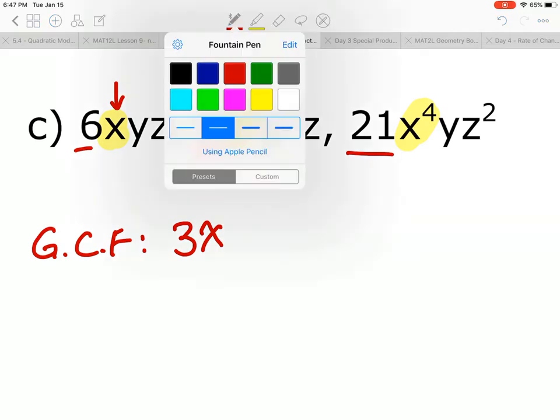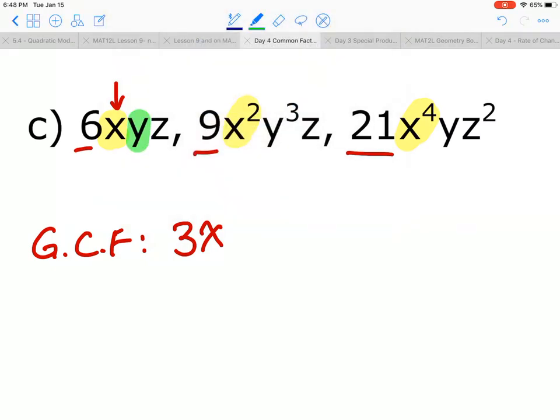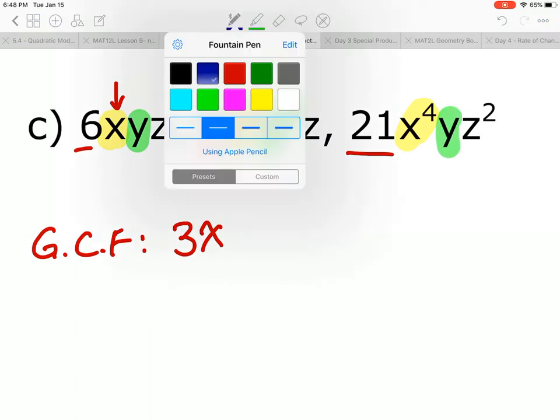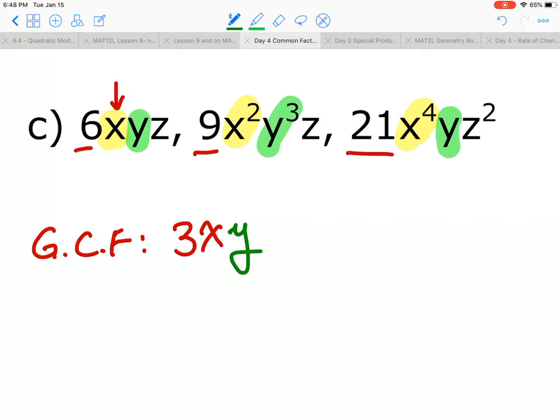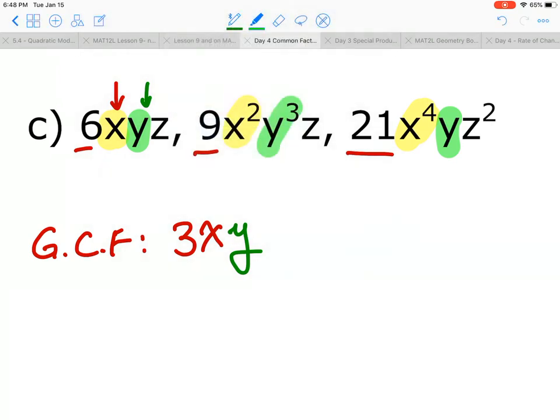Then the next one is y. The first term has y, the second also has y, the last also has y, so we put y as well, and the lowest power is 1. Last one is z, in all three terms, so we put z, which I'll highlight in pink, and the lowest exponent is z to the power of 1. So our greatest common factor will be 3xyz.